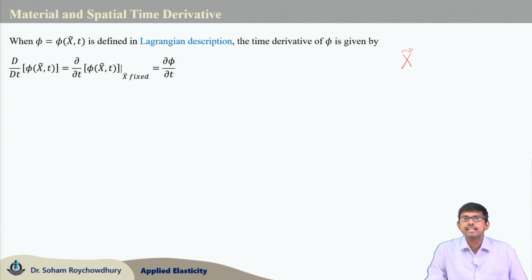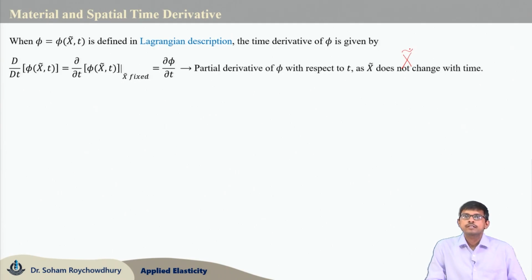Del phi del t is the total time derivative of phi in the Lagrangian description, because phi is function of capital X and capital X does not change with time. So, partial derivative of phi with respect to t defines the total derivative of phi with respect to t. This is called material time derivative.